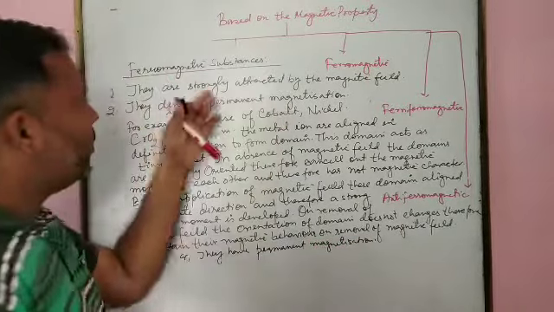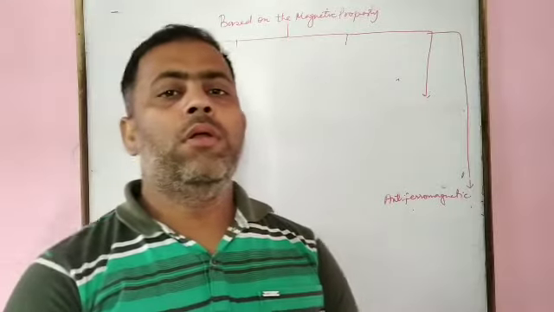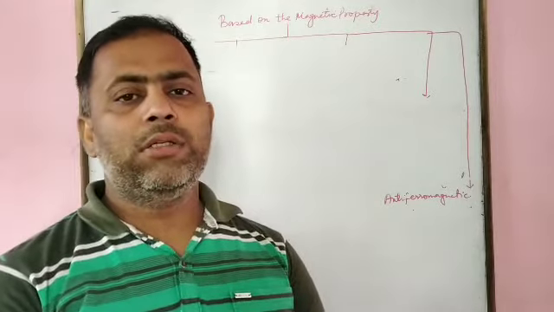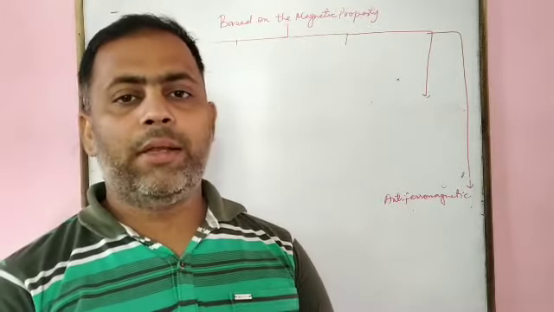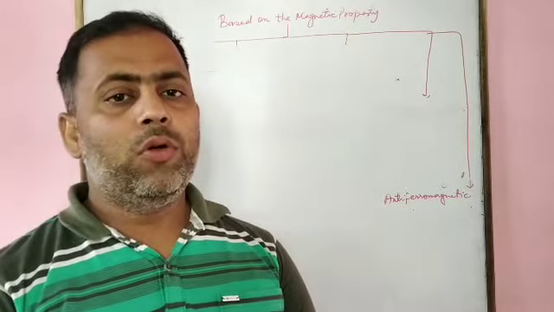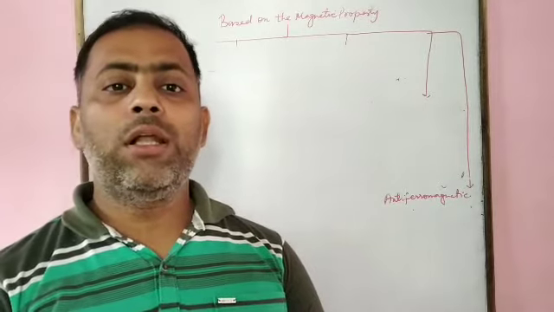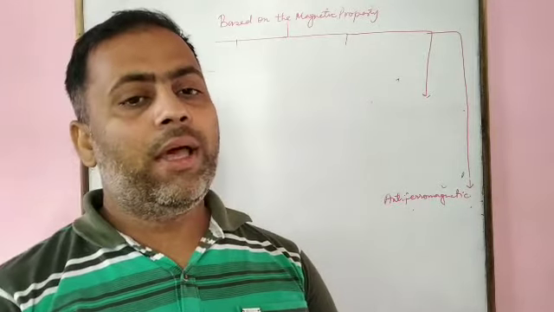This is all about the ferromagnetic substances. Next, we will discuss antiferromagnetism. In that case, such as manganese oxide, the domains are oppositely oriented and they are equal in number.